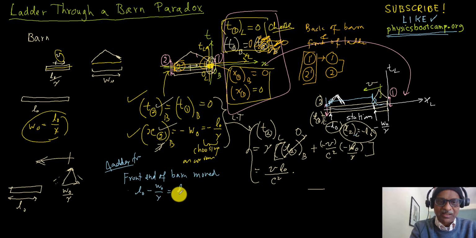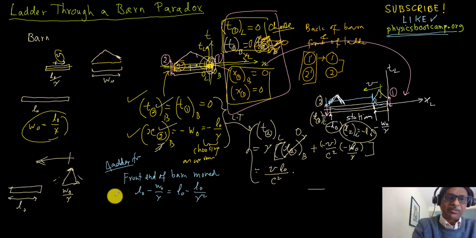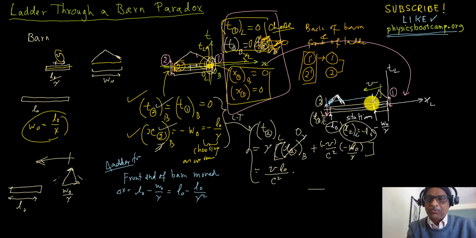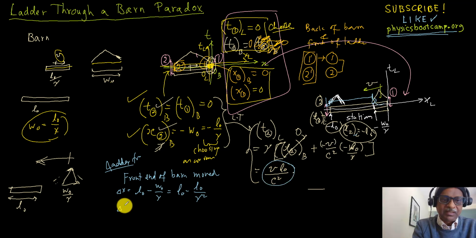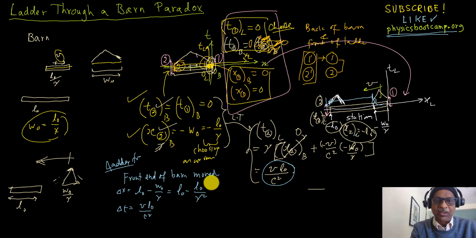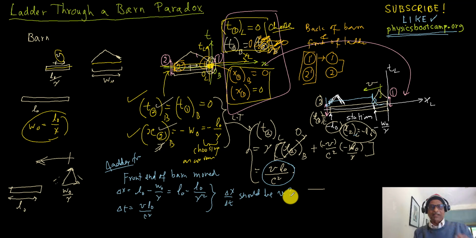So this is L0 minus L0 over gamma squared. This is the delta X, and the amount of time it took is delta T, which was V L0 over C squared. Now if I find delta X over delta T, it should be V, right?